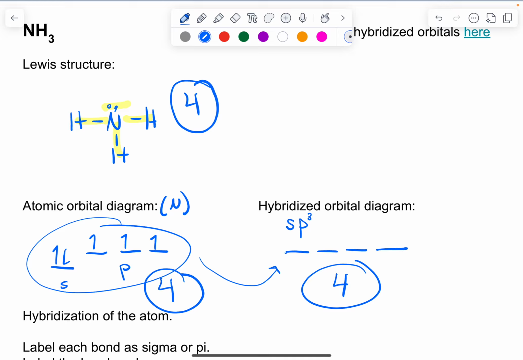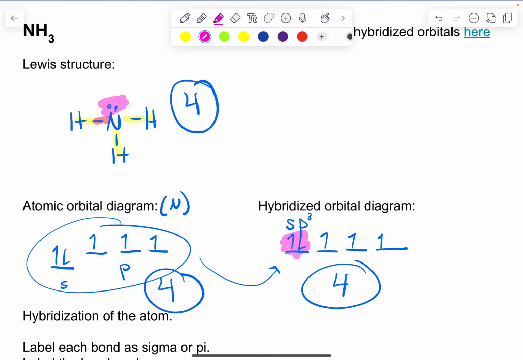And then we can also go ahead and put those valence electrons back in. We may or may not get to this in a lot of detail, probably when we see a little bit more complicated examples, but we can put those 5 valence electrons back in. And what's interesting here that you can see right away is that this lone pair on the nitrogen is represented by this orbital because there's 2 electrons in it.